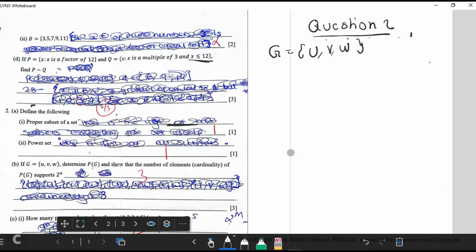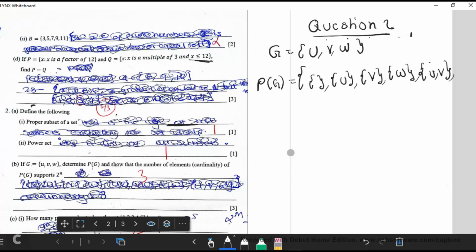So here what we're looking for is the power set of G. So how do we do the power set? We start with U here, V here, W there. Then UV, like that.